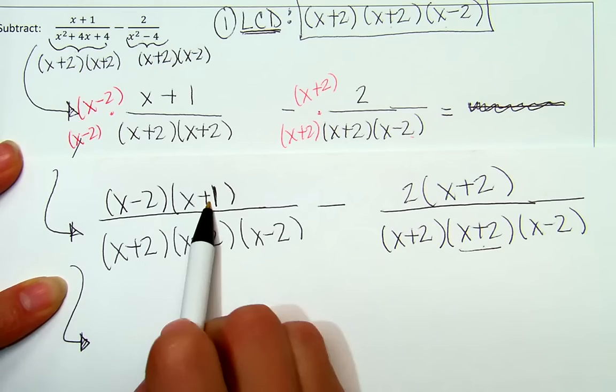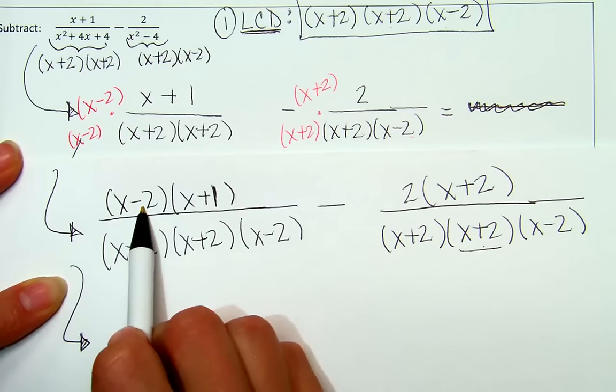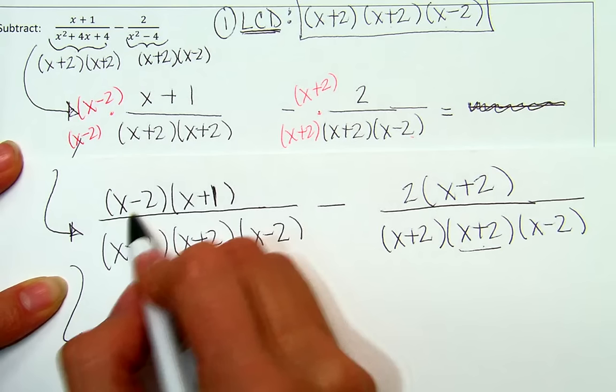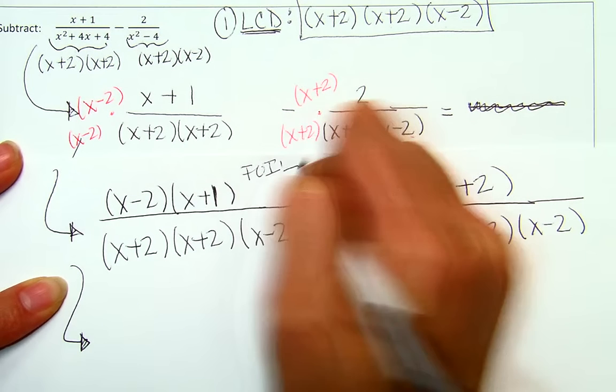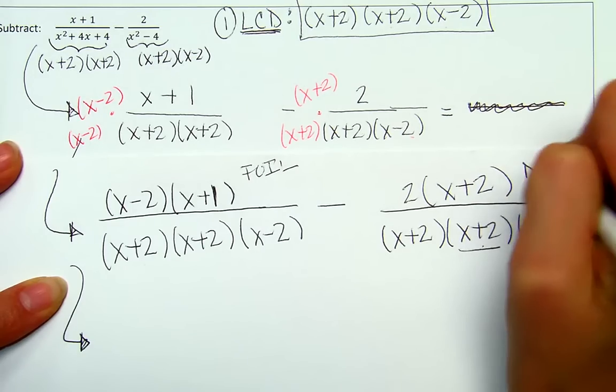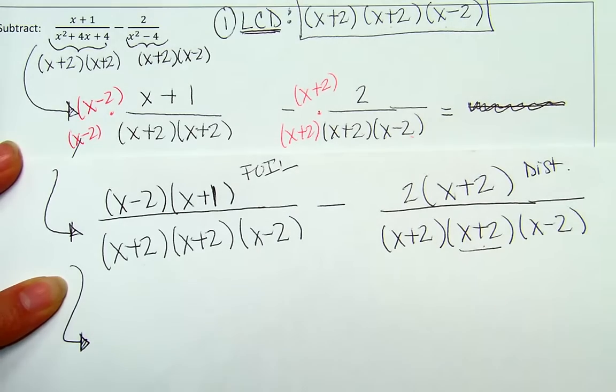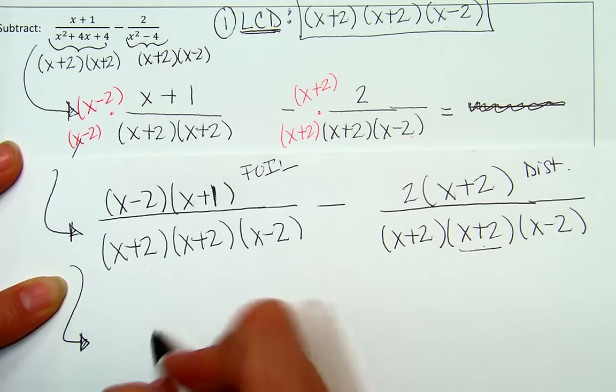If we go through and FOIL and multiply these numbers out, we're going to FOIL this numerator, distribute this numerator, and then combine your like terms.